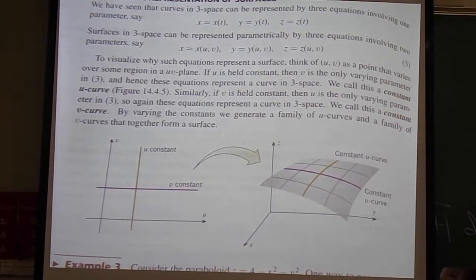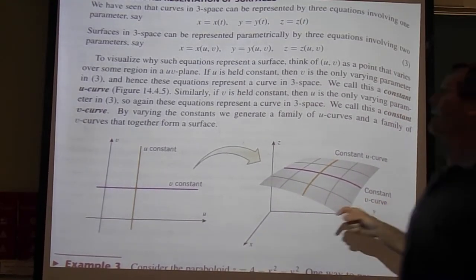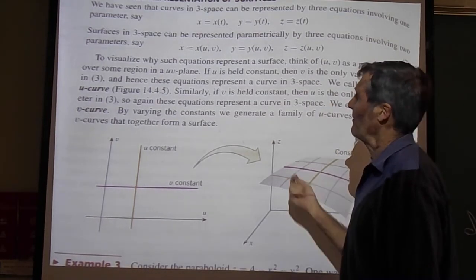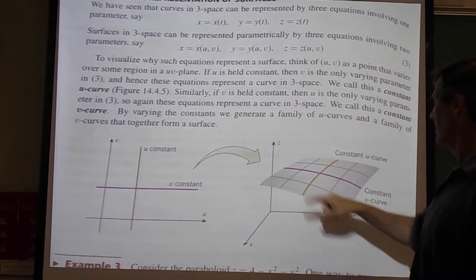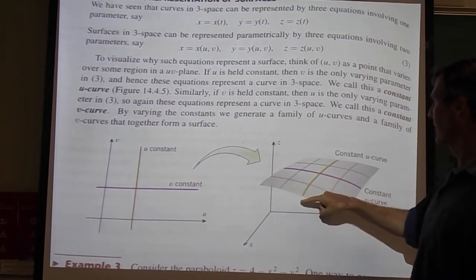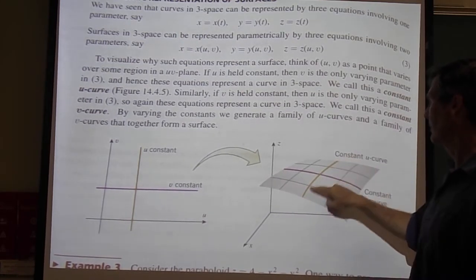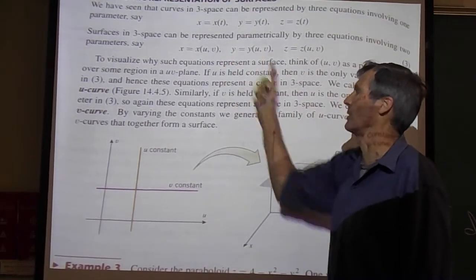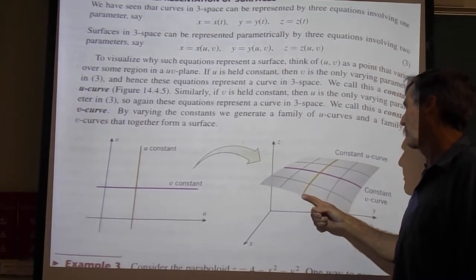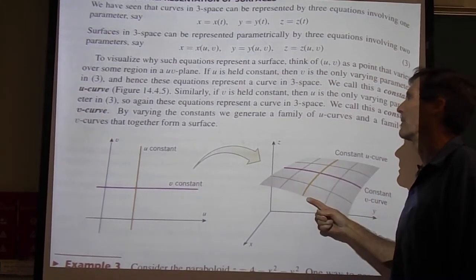And now what you can do is say, well, if I hold v fixed and let u vary, then I get a curve like this, a constant v curve. Right? If you just have a function of one parameter, one real number, what you get typically is a curve in 3 space, right?